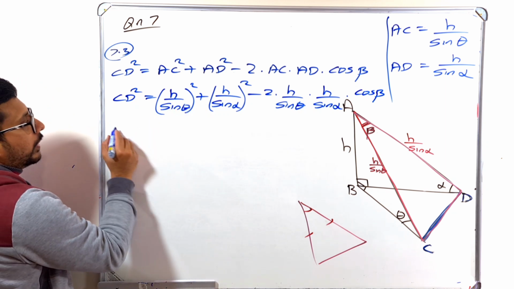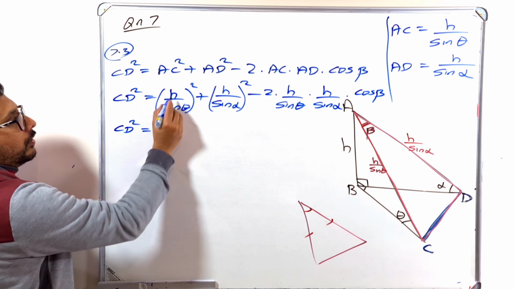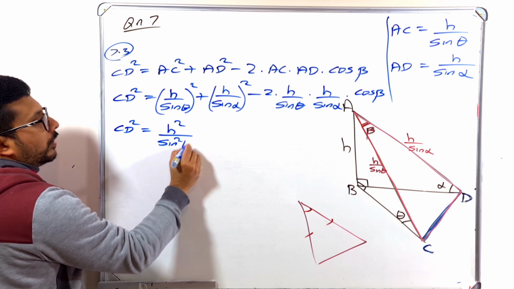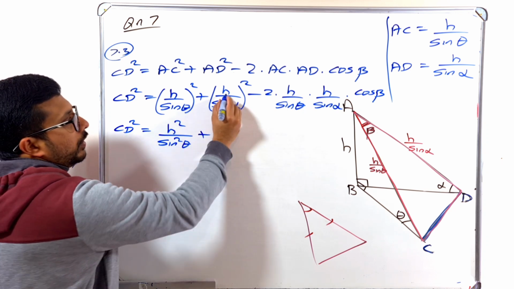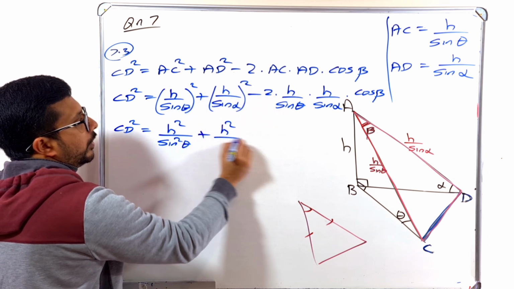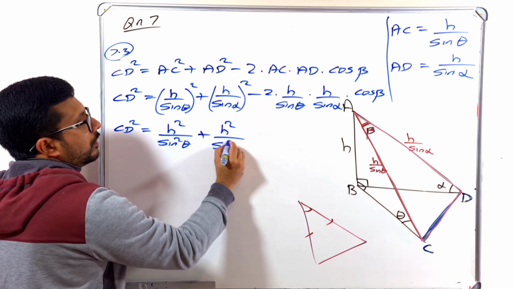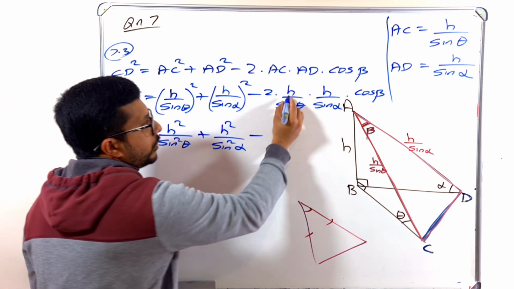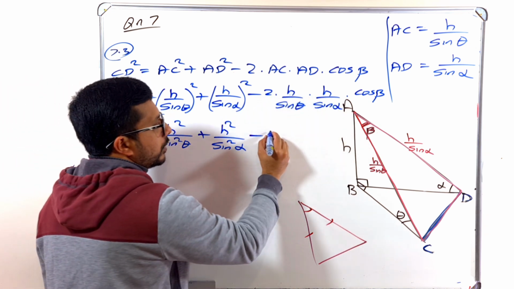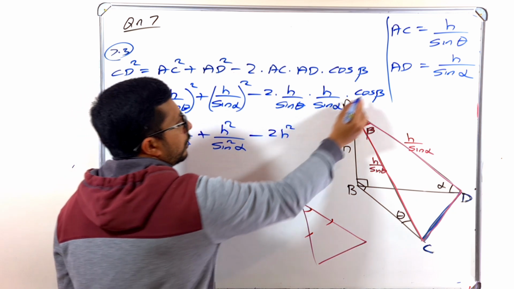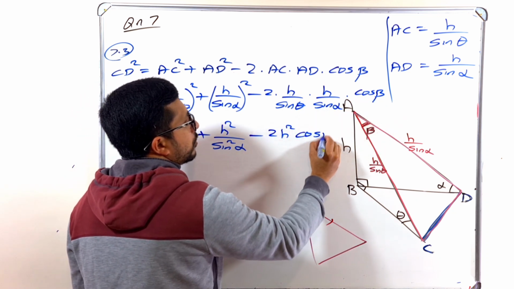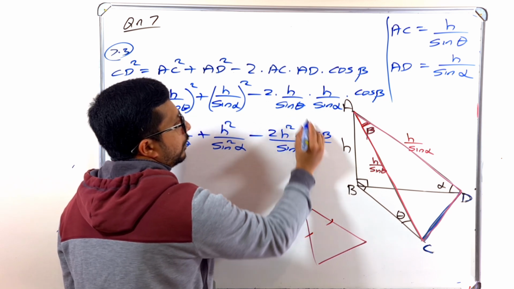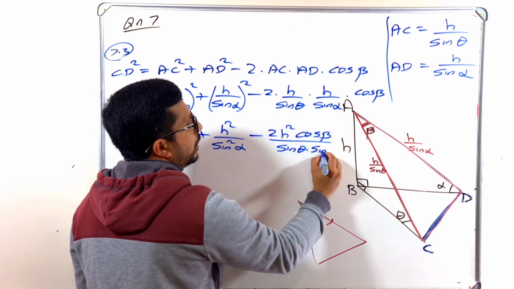So we have to simplify that. CD square is equal to h square divided by sine square theta plus h square divided by sine square alpha minus 2 into h into h, which is h square, so minus 2h square cos beta divided by sine theta into sine alpha.